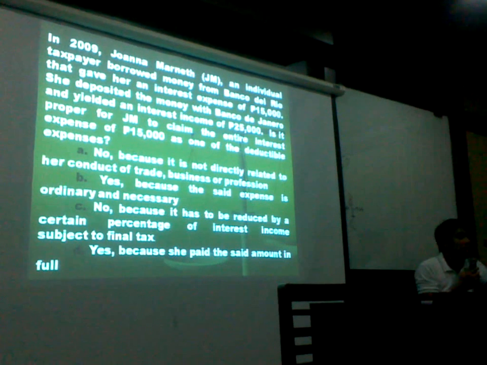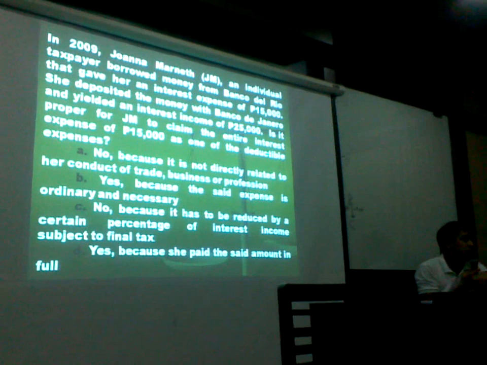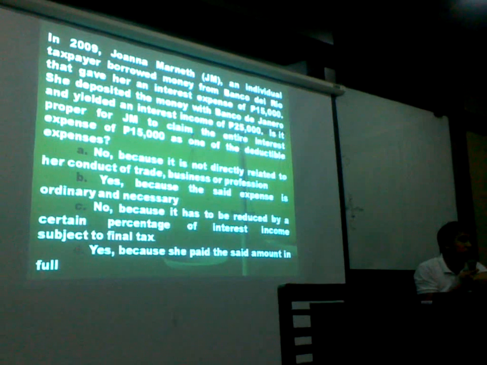Before, it's 35. But prior to November of 2005, it's 32. 32 up to October 31, 2005. From November 1, 2005 up to December 31, 2008, it's 35%. Now it's 30%. Let's just assume 30%.